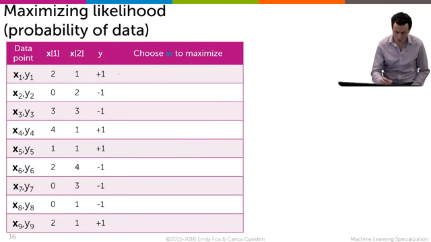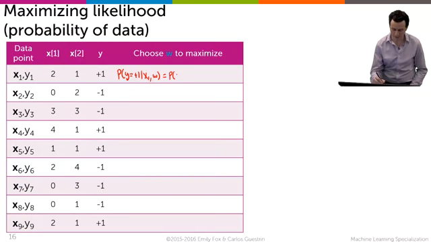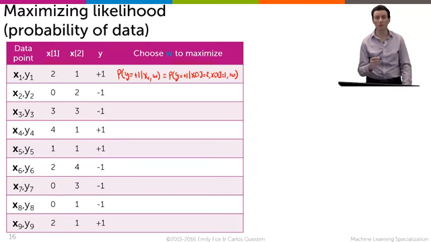In the first example, since it's a positive example, we want to maximize the probability that y is equal to +1 when the input is x1 and the parameters are W. So in this case, it's the probability that y is equal to +1 when the number of awesomes is 2 and the number of awfuls is 1 and the parameters are W. So we're trying to make the probability y equals +1 given x1 as big as possible.